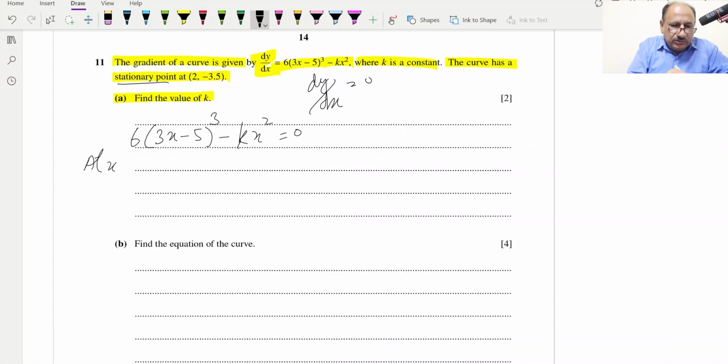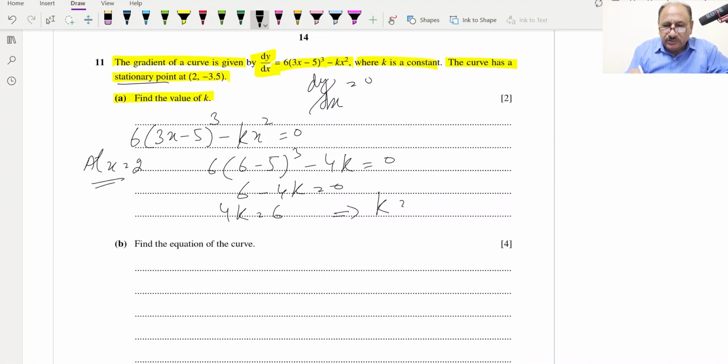At x is equal to 2, we can replace this: 6 into 6 minus 5, where 3 into 2 will be 6, so cubed, minus k into 2 squared, which is 4k, is equal to 0. Now 6 minus 5 will be 1, so 6 minus 4k is equal to 0, 4k is equal to 6. This implies k is equal to 3 by 2, and this will be the k value which we found.